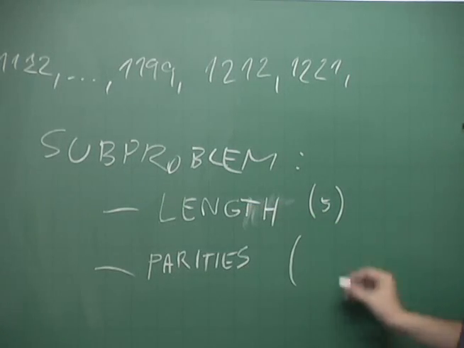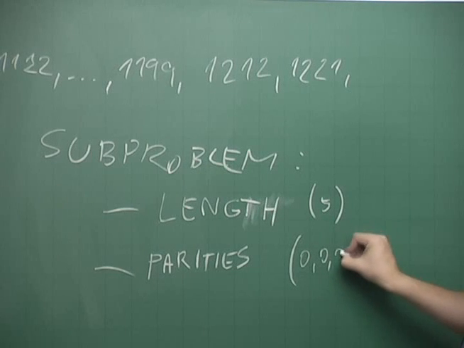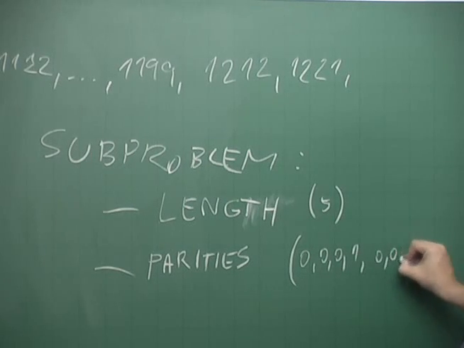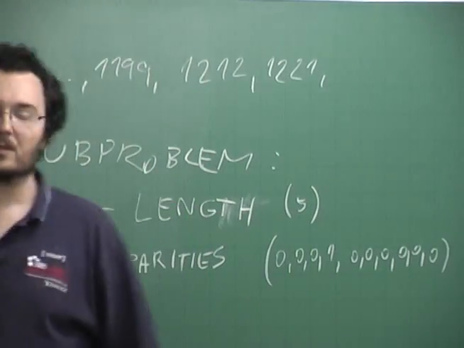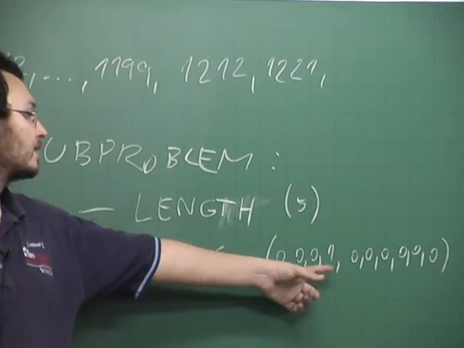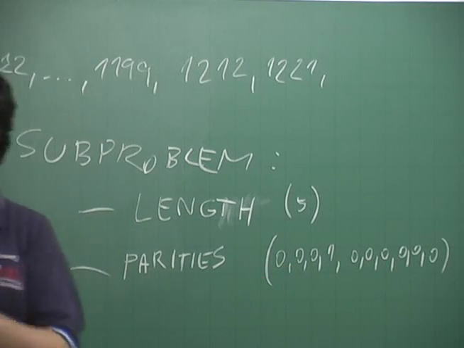In that case, that would be 0, 0, 0, 1, 0, 0, 0, 0, 0, and one more 0. So there is an odd number of 3's and an even number of anything else.